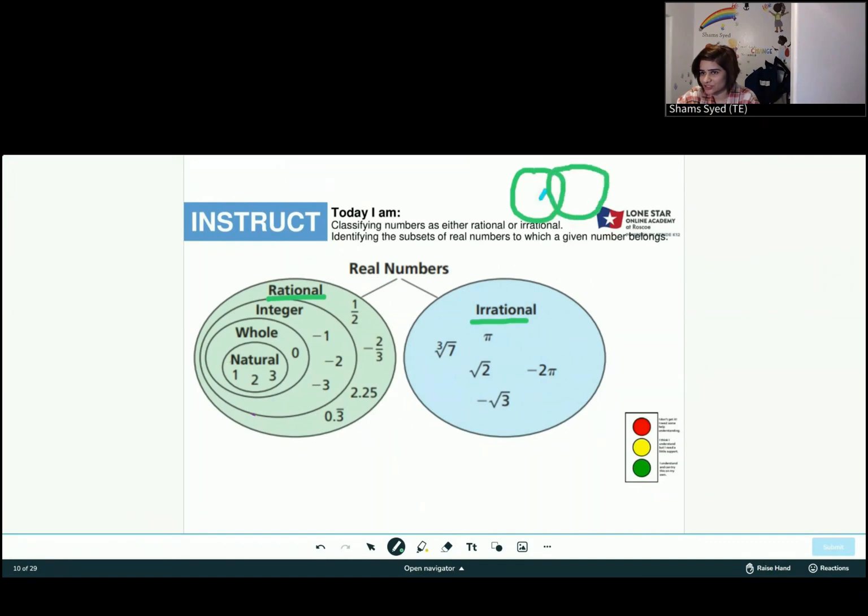Some of your reading teachers will show you partially overlapping. Now, these are the two that we were looking at for the question, rationals and integers. Did everybody get a chance to look at my notes? Can we go back to the question? Let me know.